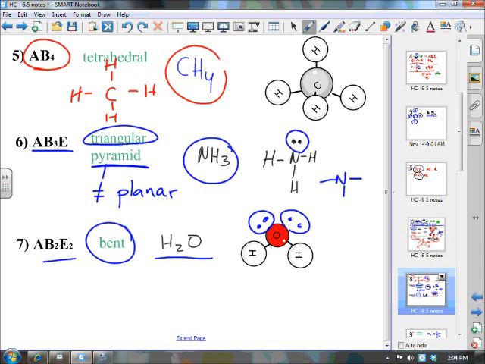So it's very similar, if we think about it, to methane here. We imagine this is the oxygen atom. I make this the oxygen, there's our O. And instead of a hydrogen atom, I'm going to make this a pair of electrons.